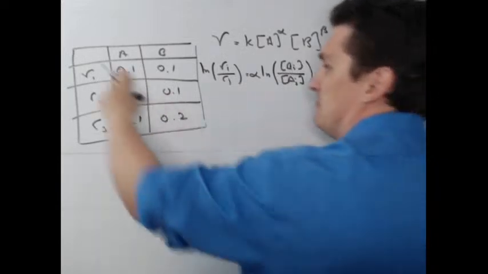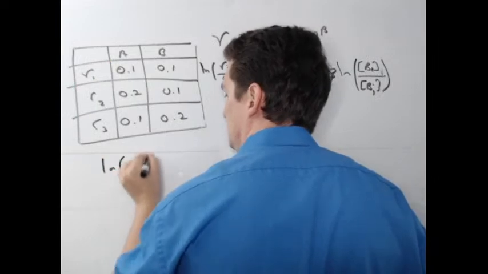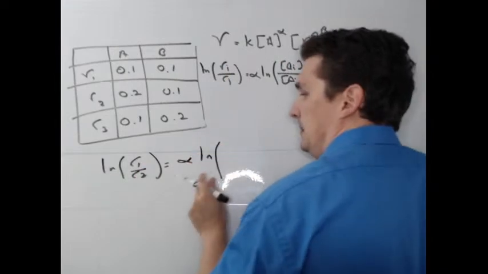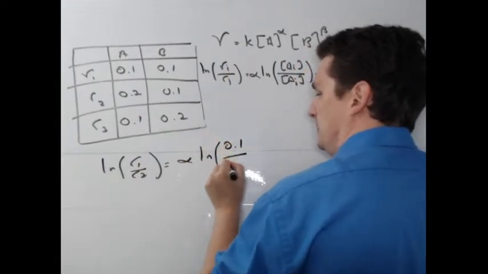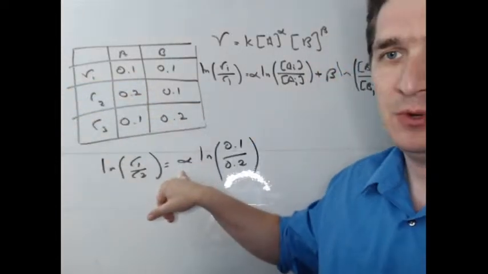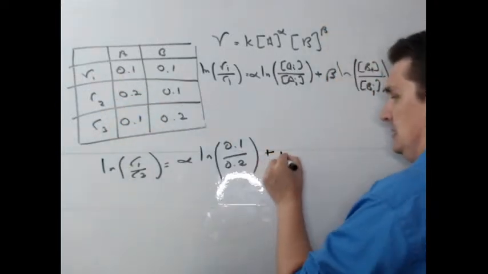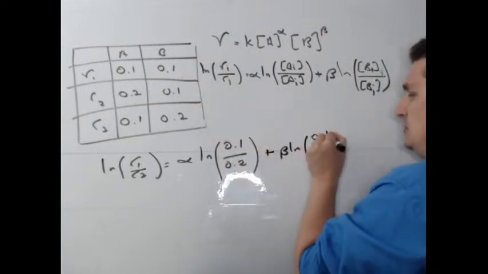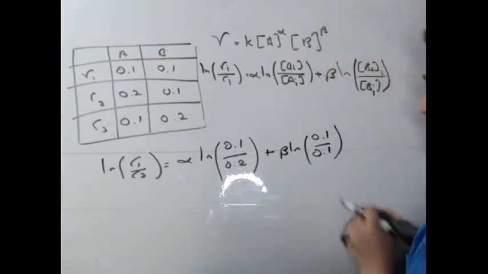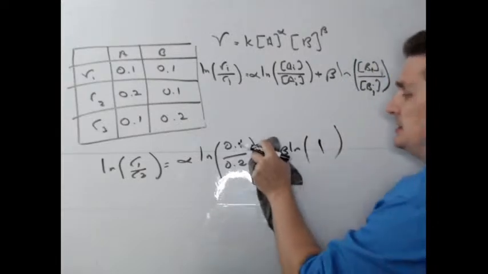So if we compare run 1 to run 2, we don't know what the order is on A yet, but it would be the apparent order of A times the natural log of 0.1 over 0.2, because it's run 1 over run 2, plus beta times the natural log of 0.1 over 0.1. Now, 0.1 divided by 0.1 is just 1, and the natural log of 1 is 0.